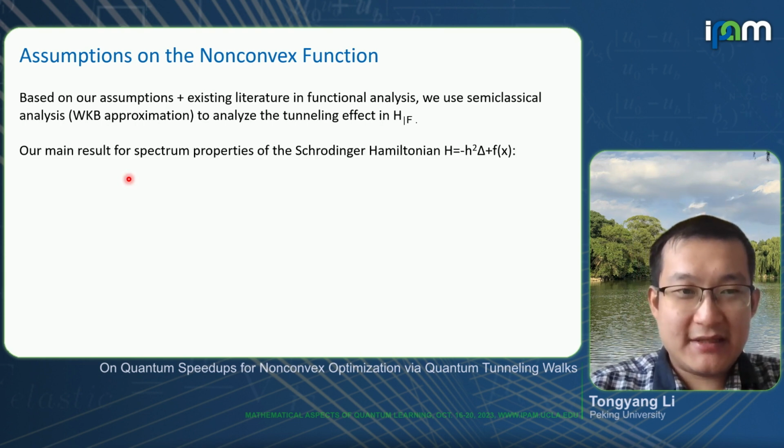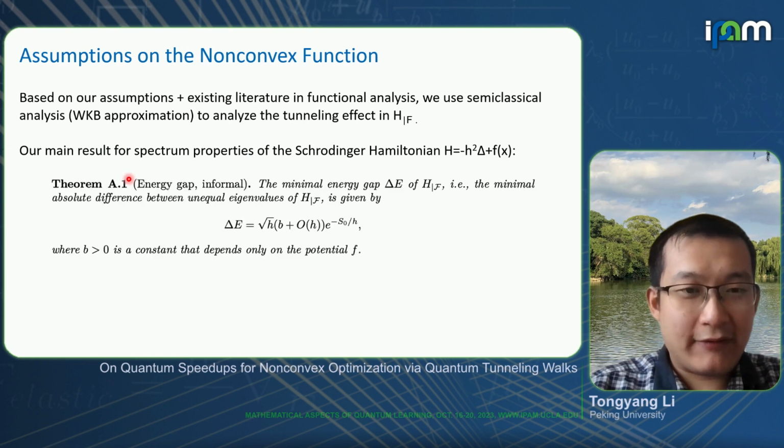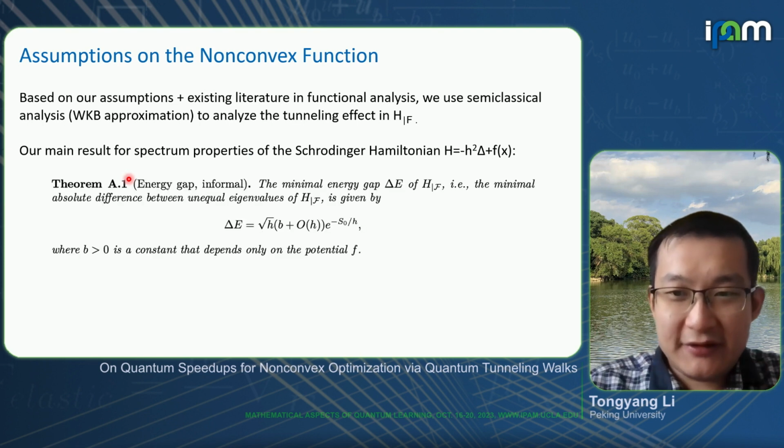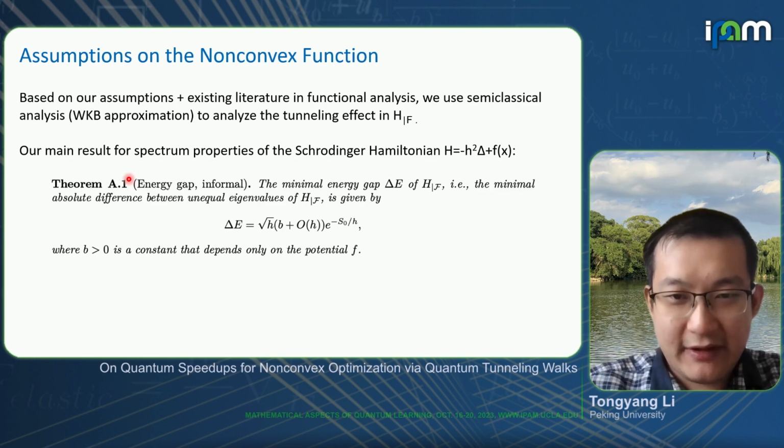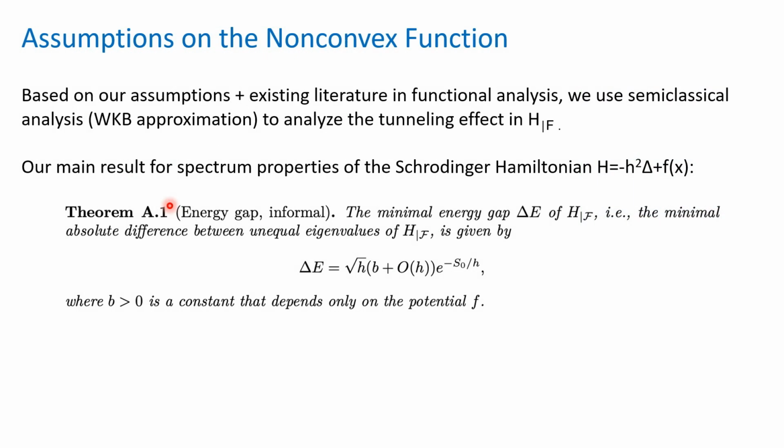So we just use this kind of tool, and what we get for our main result is this. For the Schrodinger operator, we consider this behavior, and especially we consider this matrix, H restricted to the subspace spanned by the local ground states here. We can prove an energy gap result: the pairwise difference between all the eigenvalues of this Hamiltonian is bounded by this.